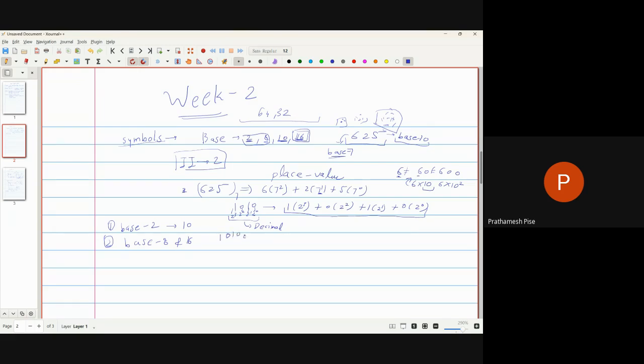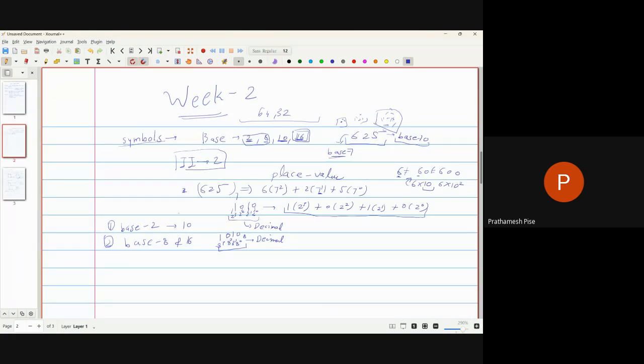Just write 8 square, 8 cube, multiply these two and add it, and you will get the decimal. Okay, so converting anything to decimal is pretty simple. You just have to write the base with correct exponent, multiply with the digit or the symbol and add it, and you will get the decimal value.